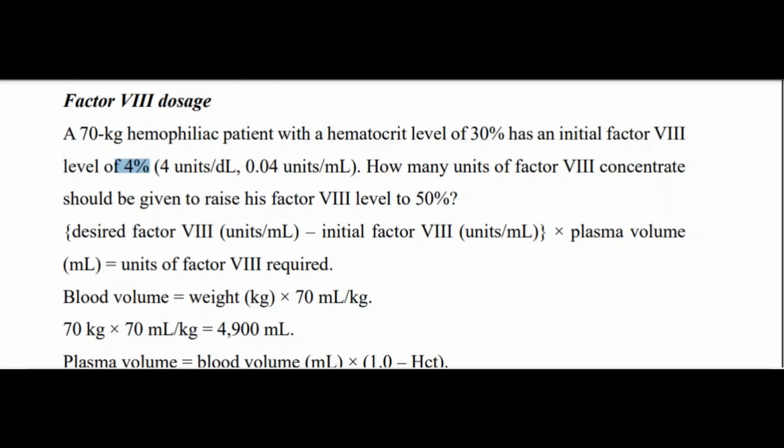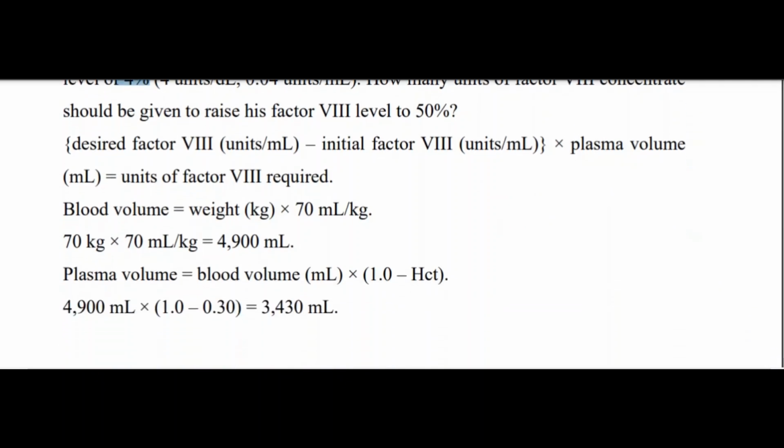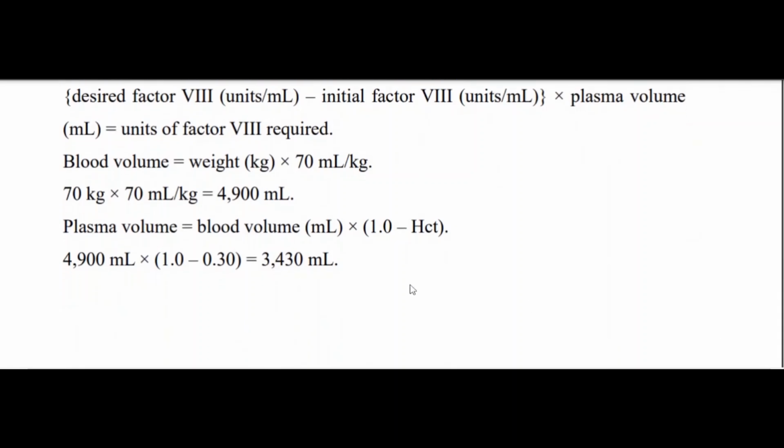We already have the initial factor 8, which is 4%. They have 4% in their blood, but we want to achieve 50%. So the desired factor 8 is 50%, but the initial was just 4%. Plasma volume is not given here, so we are going to calculate it.